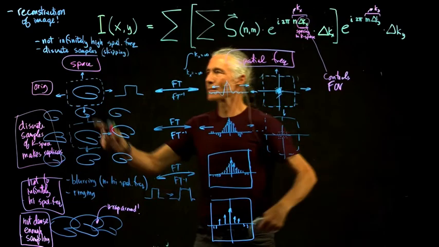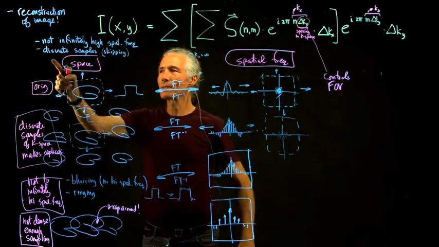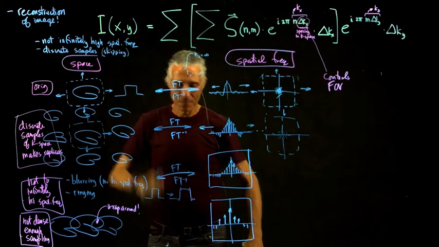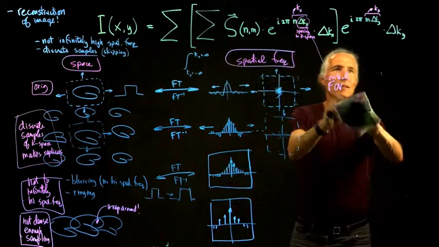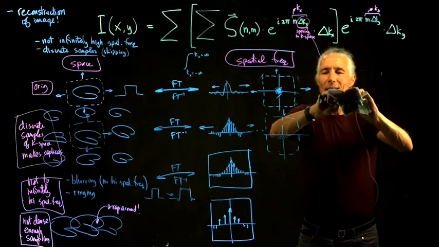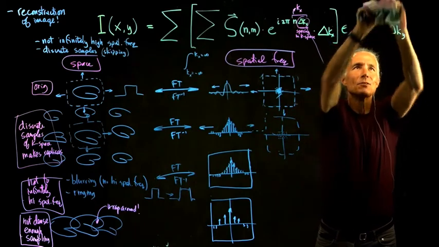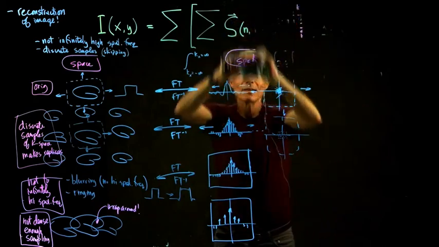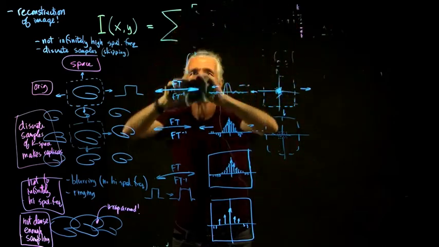So two things: not infinitely high spatial frequencies, and also we're skipping in discrete steps. So let's just try, in the last minute or two, to get an idea of how come you get replicas.